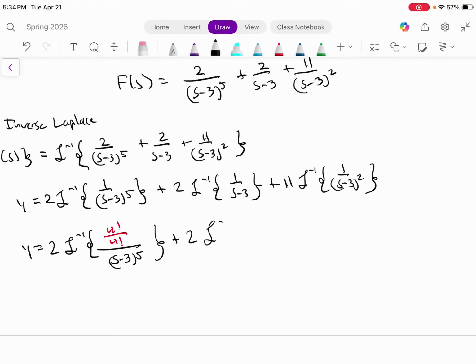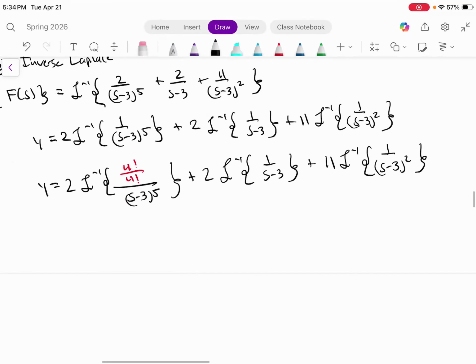These other two terms are fine. We don't need to do anything. I just know that this third term is going to be a first translation inverse theorem. So now I'm going to take out the 1 over 4 factorial. So I would have 2 over 4 factorial inverse Laplace of 4 factorial over s minus 3 to the fifth.